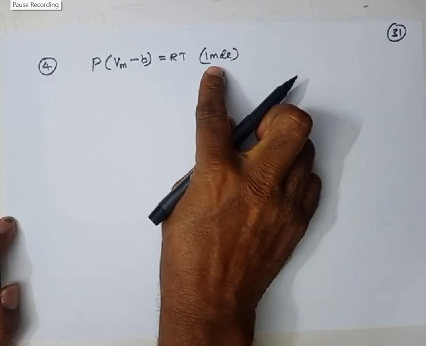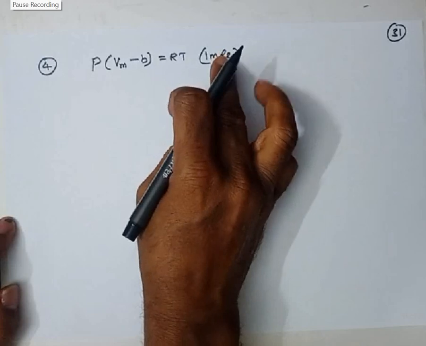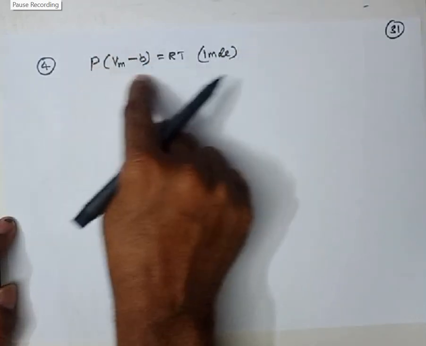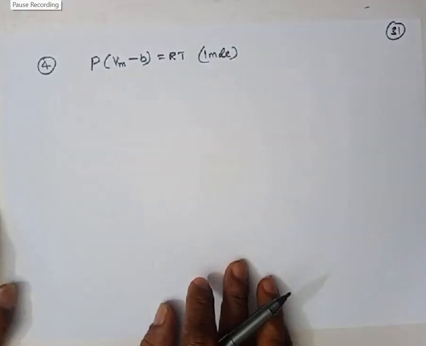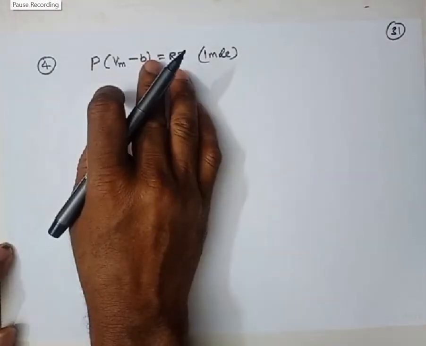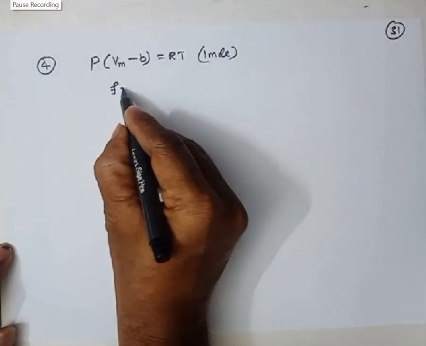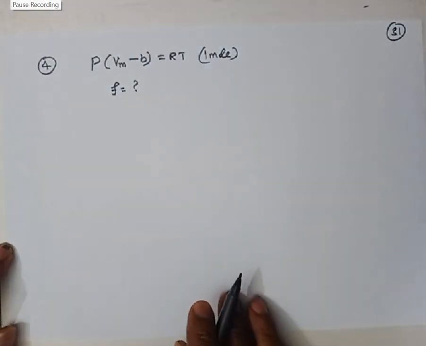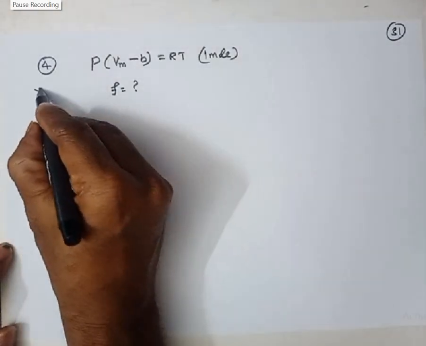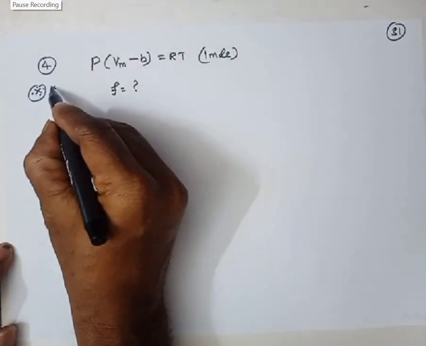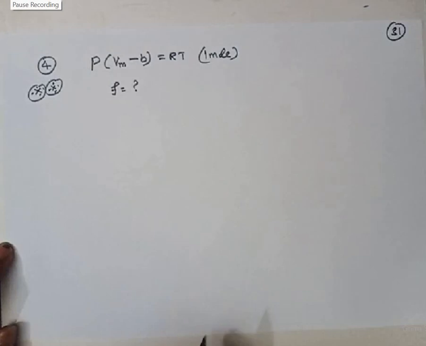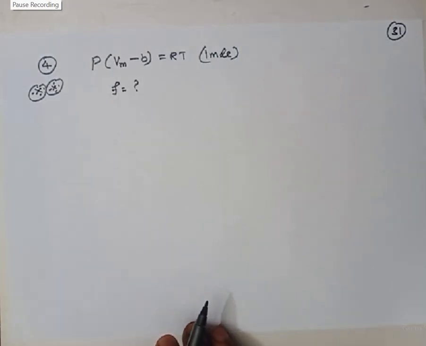I have taken 1 mole of some real gas that follows this equation. What will be the fugacity of that gas? This is also an important question in many competitive examinations. Take note. People ask this question in competitive examinations.